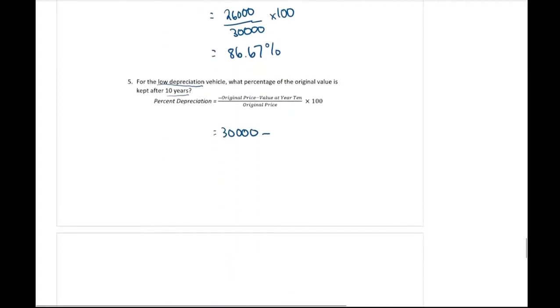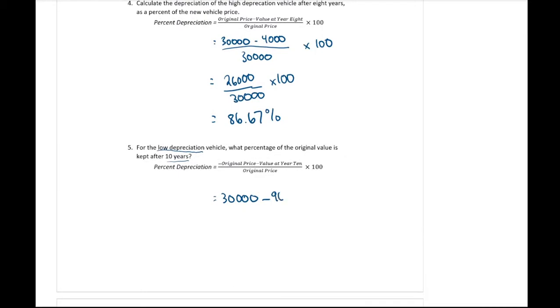So going back to our formula, we're going to subtract 9,000 divided by, again, the original price, which is 30,000. All of that will be multiplied by 100. Here we have 21,000 divided by 30,000, multiplied by 100. And we get 70%. So the percent depreciation is 70%.